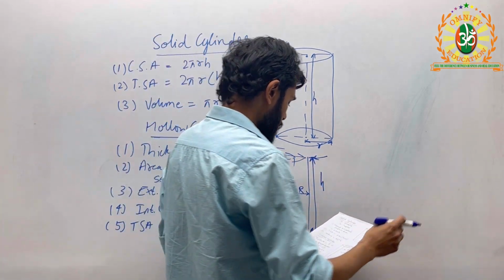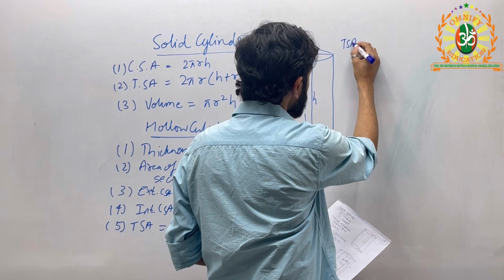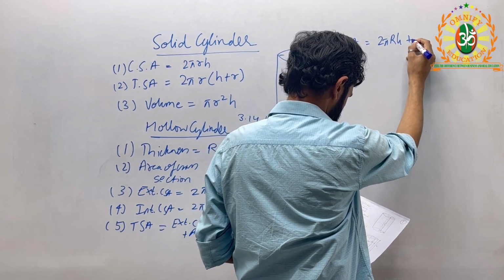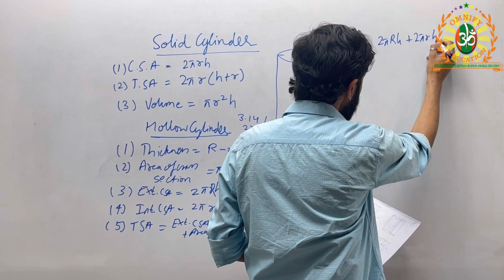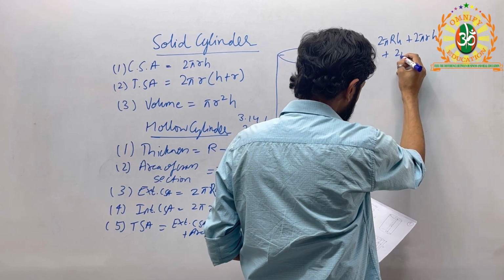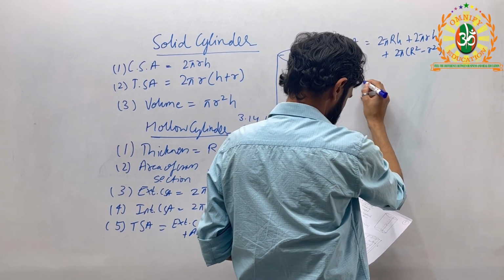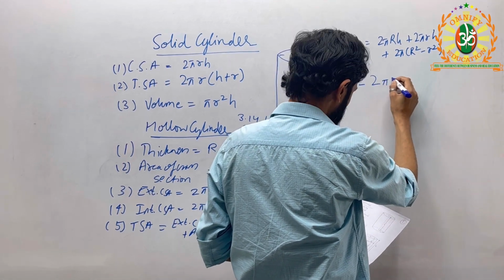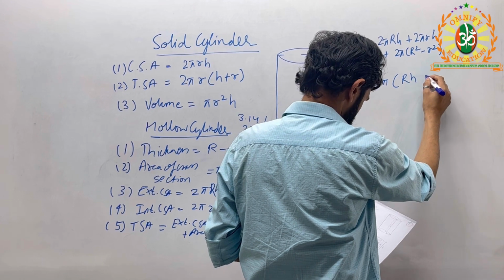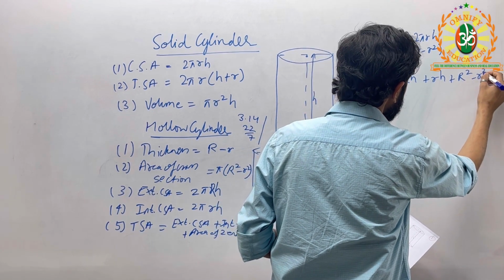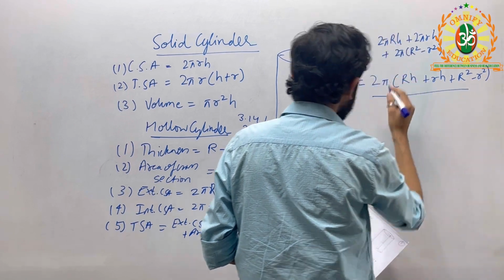So the total surface area would be 2 pi R h plus 2 pi small r h plus 2 pi (R square minus small r square). On simplification, we can write it as 2 pi (R h plus r h plus R square minus small r square). This is the total surface area.